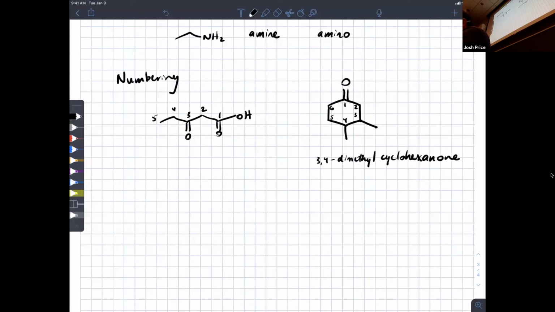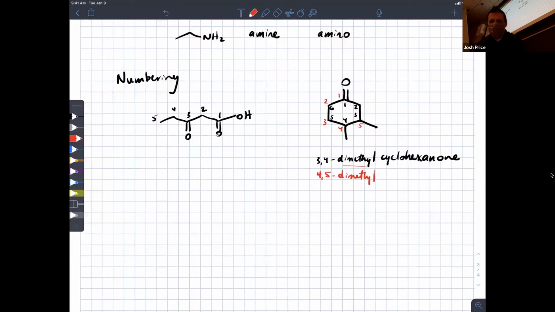But you could, if you weren't concerned about giving the methyl groups the lowest possible combination of numbers, have started at 1, 2, 3, 4, and 5, and you could have written 4,5-dimethyl. I'm okay with that because it gives you the structure correctly and unambiguously. So don't worry about, well, should I number this way around the ring or the other way? Just make sure whatever numbering scheme you choose, you're consistent and you get the correct structure when drawing it.